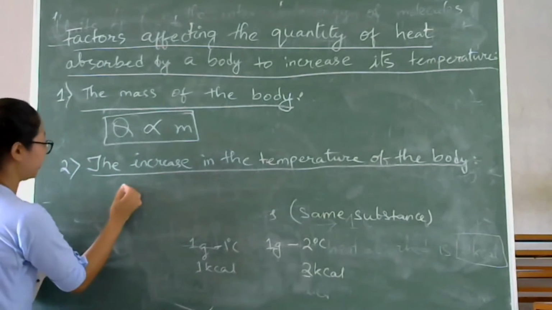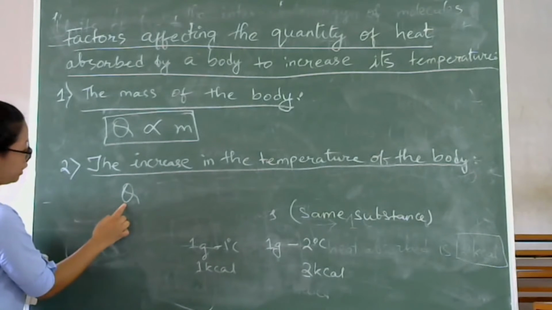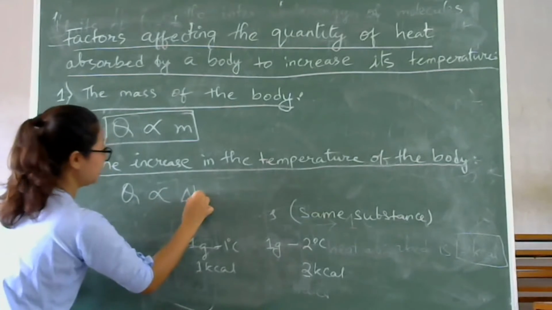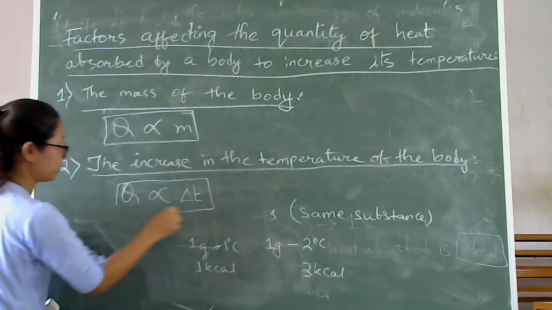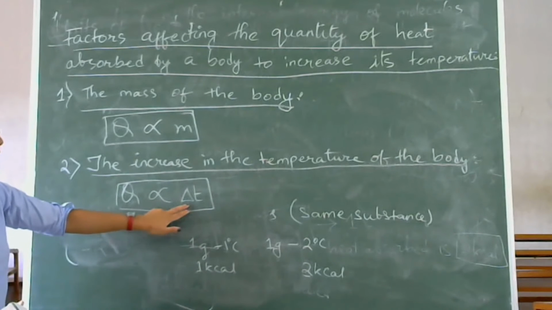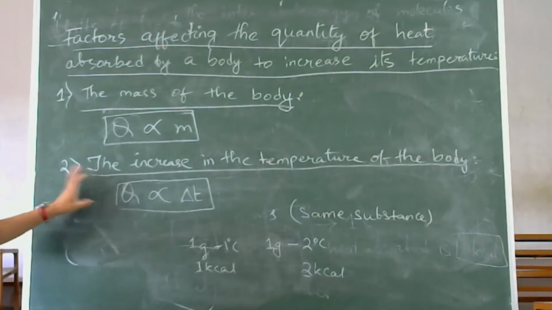So we can write, if heat absorbed is Q, and delta T is the rise in temperature, Q is directly proportional to the rise in temperature. So the more the rise in temperature, the more the heat absorbed. This is the second factor.